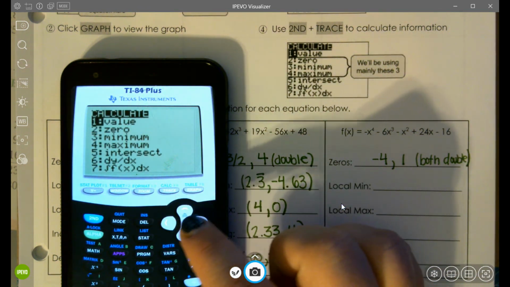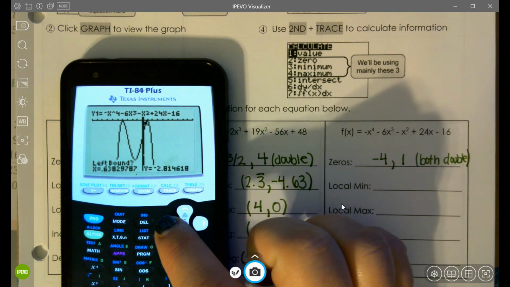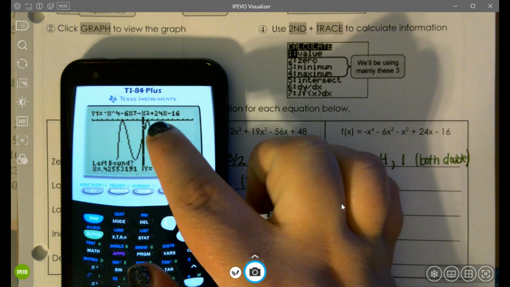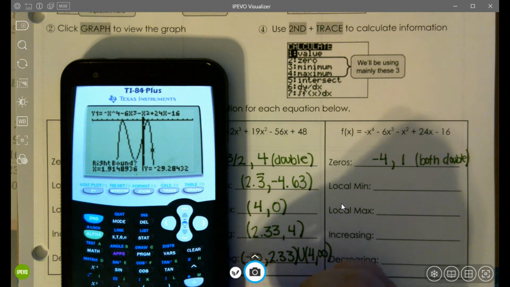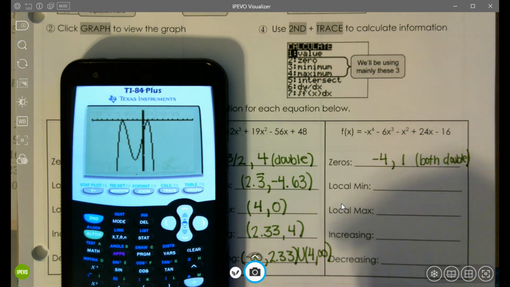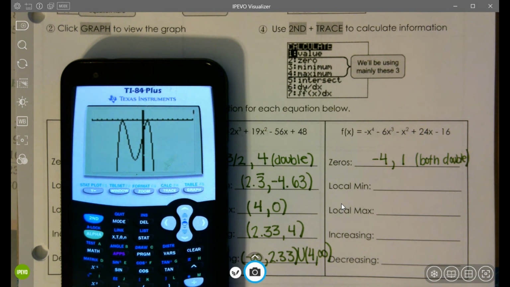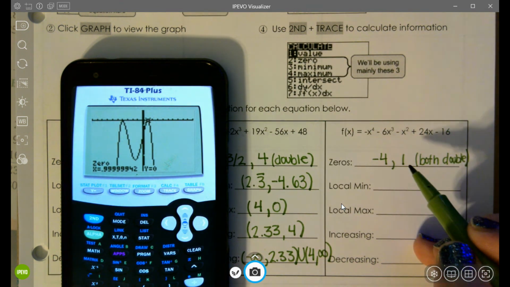It's going to round it a little bit because I'm so far zoomed out in order to see the bottom part. Okay, I'm on the left side of this 0, enter, going over to the right side. And I went really far this time, it doesn't really matter. I'm going to hit enter twice. And I'm going to call 0.999999 just 1.